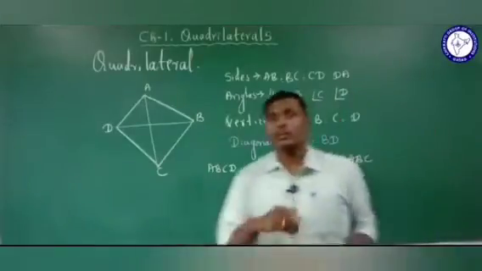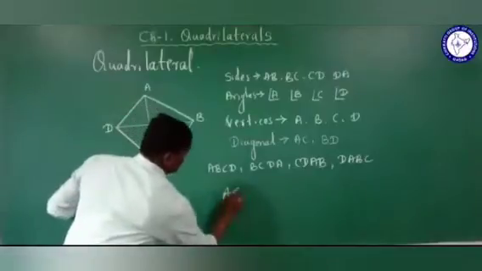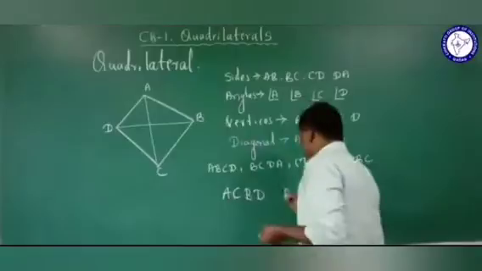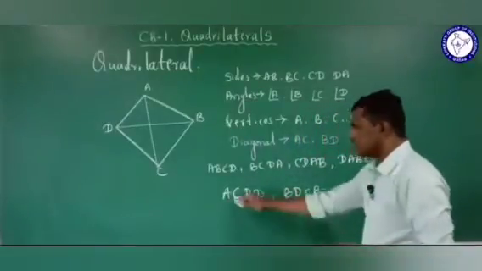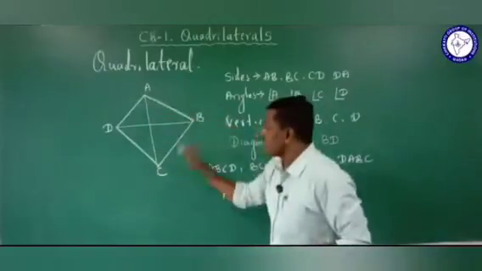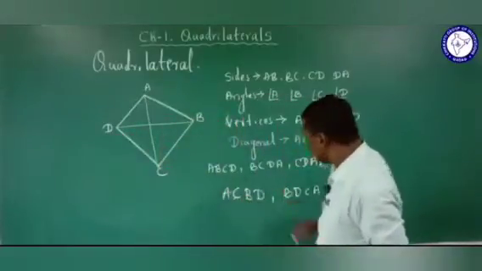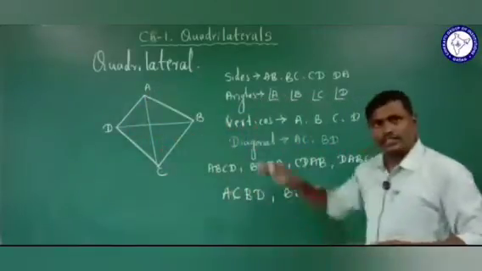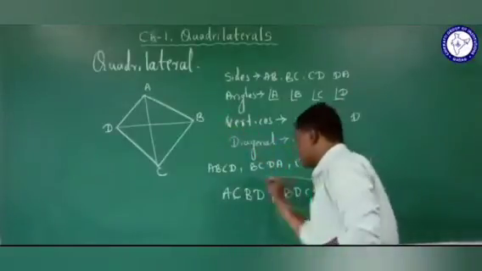But we cannot represent it like ACBD, or BDAC. Is it in cyclic order? No. So we cannot represent these types.